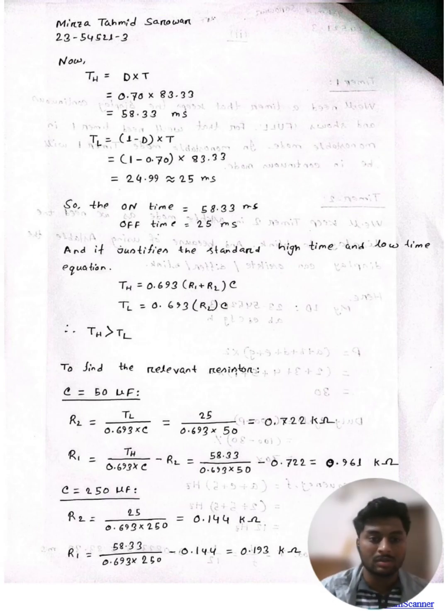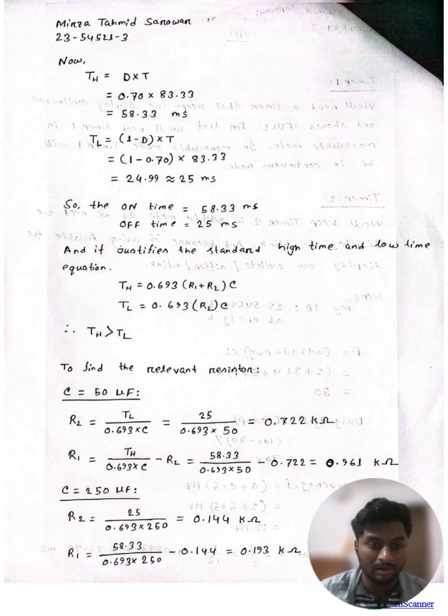And then I justified it with the standard equation of high time and low time, which is here 0.693 into (R1 plus R2) into C. To justify that, we were given three capacitors, which were 50 microfarad, 250 microfarad and 470 microfarad, and we calculated the resistors that were needed from these capacitor values.